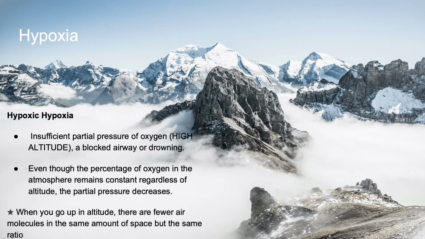Hypoxic hypoxia is the most common type that pilots have to deal with and is most often caused by altitude when flying. You may have heard the term altitude sickness, which is another name for hypoxic hypoxia and a very real danger. The percentage of the air that is oxygen does not change with altitude, but the pressure does.